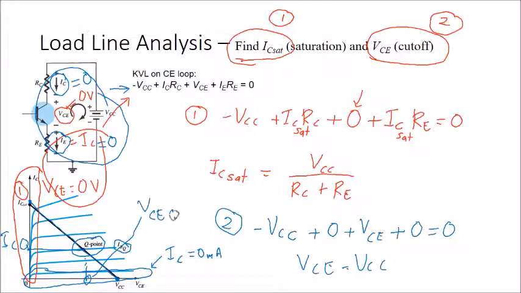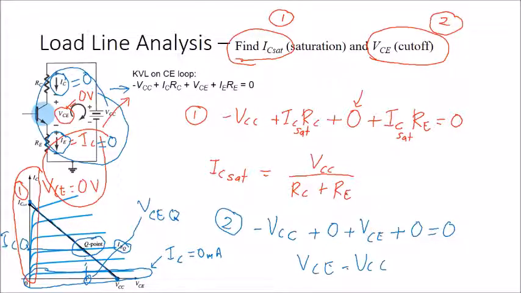Just now we used KVL to find the IB, we found the value of IE, we found the value of IC, and then we found the value of VCE. All these parameters are actually for the operating point. Actually, you can put the notation like this.